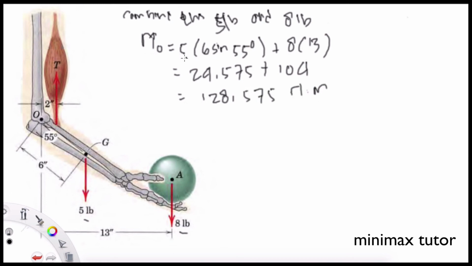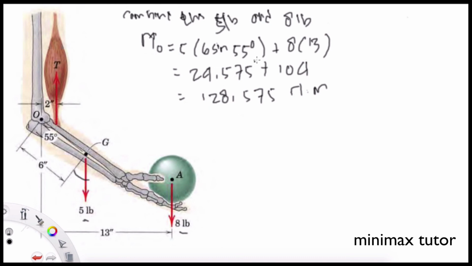We have the 5 here because it is the force of the 5 pound, and the second one is the 8 pound. The 5 here will be 5 times 6, the distance. The distance is the 6 here, and the sine of 55 degrees comes from there because they have the angle here.